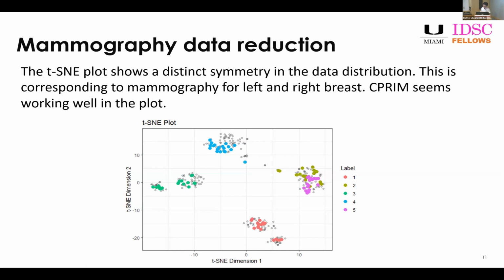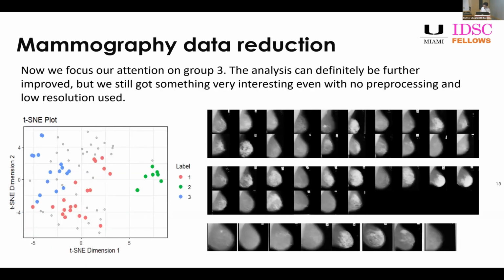So for example here, if we want to look deeper into the green dots, we just focus our attention on group 3 and run our whole algorithm on it, and we will get something like this. There's still the same result. The t-SNE plot is shown on the left hand side, and all the colored dots are shown on the right hand side.